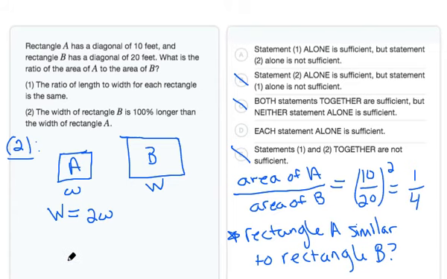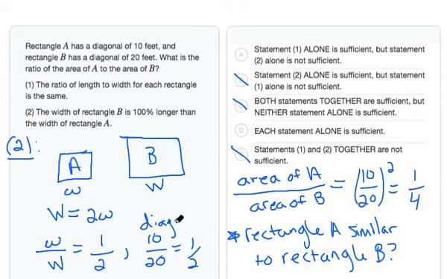Thus, the ratio of the widths, little w over capital W, would equal 1 over 2. This is the same ratio as the diagonals. Before, we said the diagonals would be in the ratio of 10 over 20, which would be 1/2.